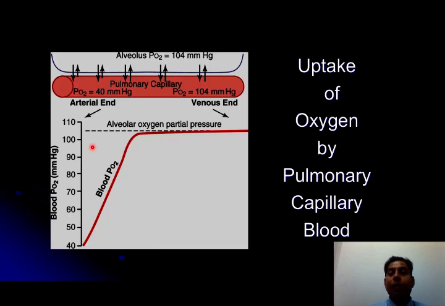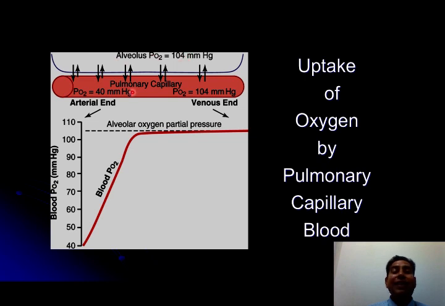Now, if you look at the uptake of oxygen by the pulmonary capillary blood, at the arterial end, the pulmonary capillaries are getting in oxygen at a very low level. So there is a tendency of the oxygen to be picked up from the alveolus where the partial pressure is 104.